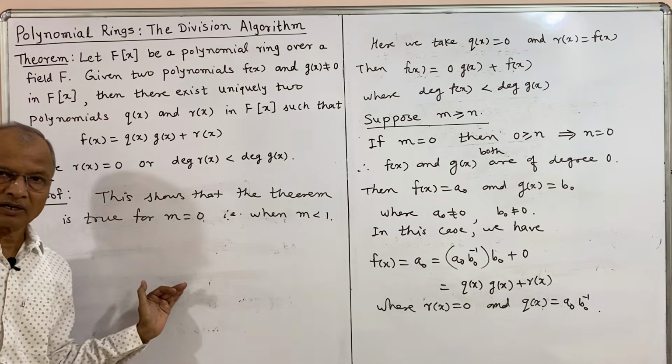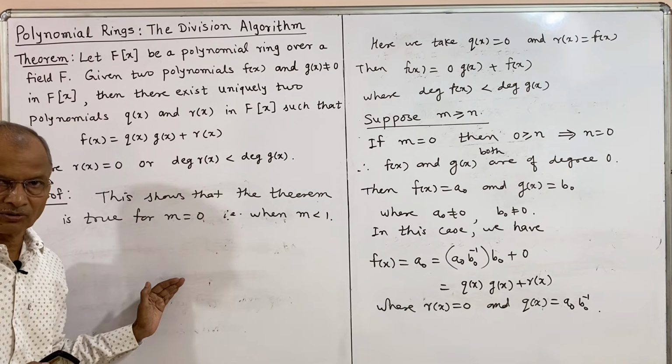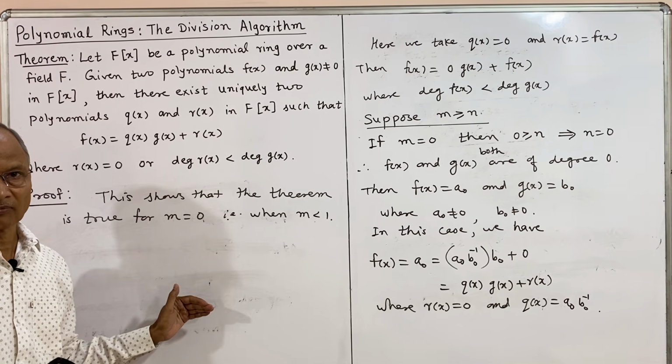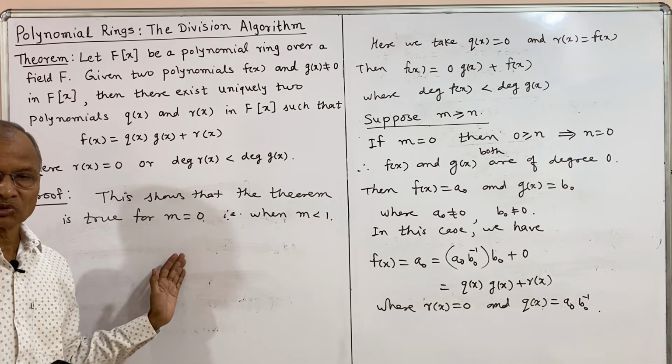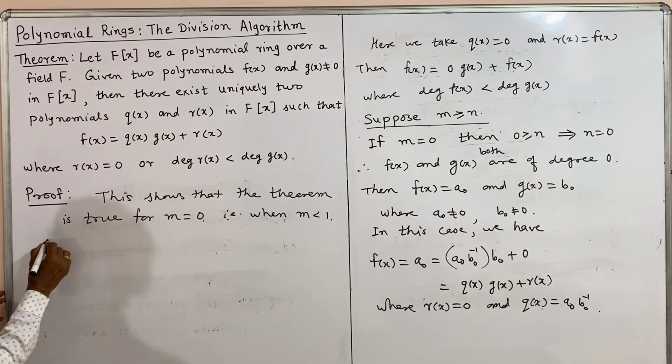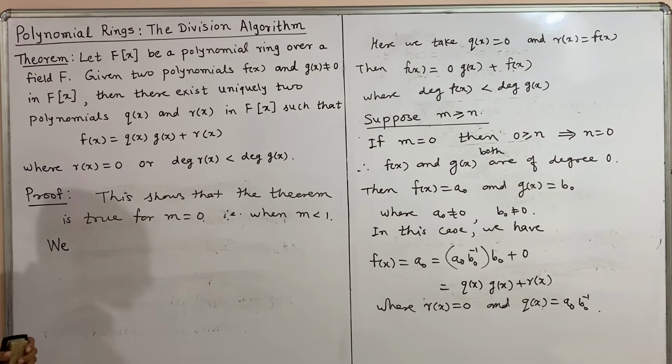When we prove a result for a certain value, and then we prove the result for the next higher value, then the result becomes true for all values. So we shall use that method of induction here.